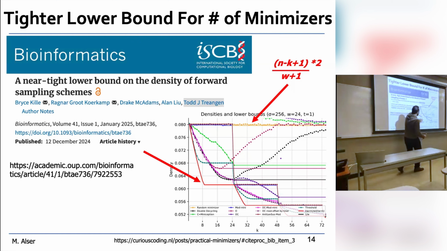And this hopefully gives you some glimpse about the number of works that try to come up with a tighter lower bound on that equation, okay? So each of those plots is an equation or research paper trying to show that effort, okay? Until this year, so this is 2025, last month, this paper tried to show the tightest lower bound that they could come up with, which is the red plot over there, okay? So this is the thing that we were discussing, which is ×2.